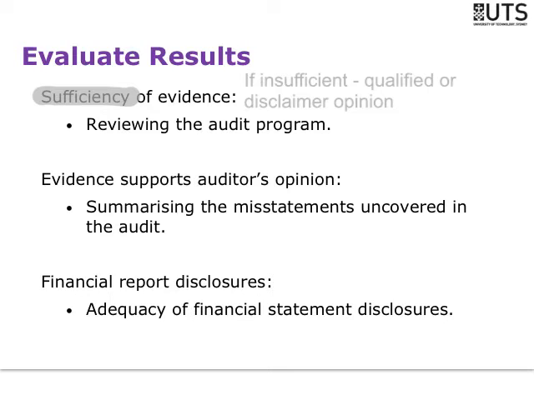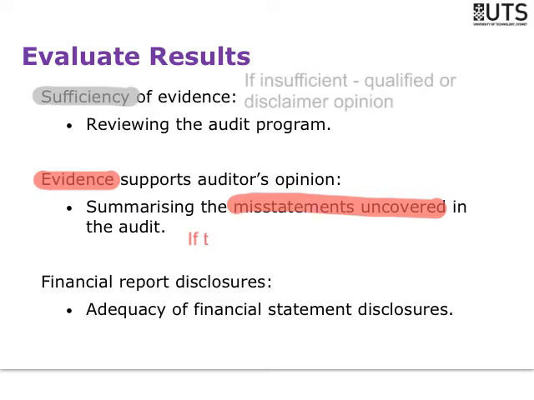Okay, so if we know we have enough evidence to make an opinion, then we determine whether or not the evidence supports the auditor's opinion. We want to summarize the misstatements uncovered.